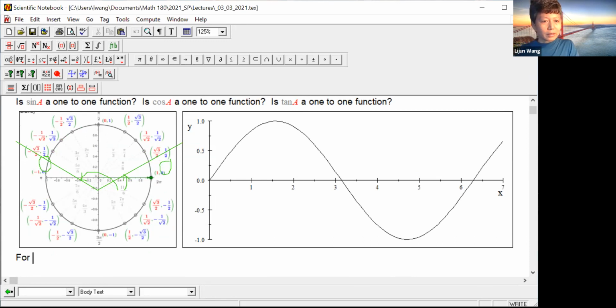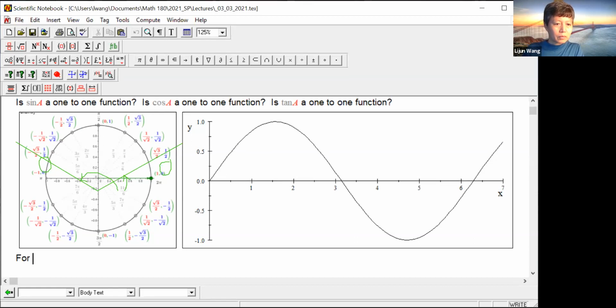Cortland, I'm sorry, I didn't check the chat. Cortland said the domain is any real number, negative infinity to infinity. I hope you refer to the tangent. Yes, that was for tangent. Okay.